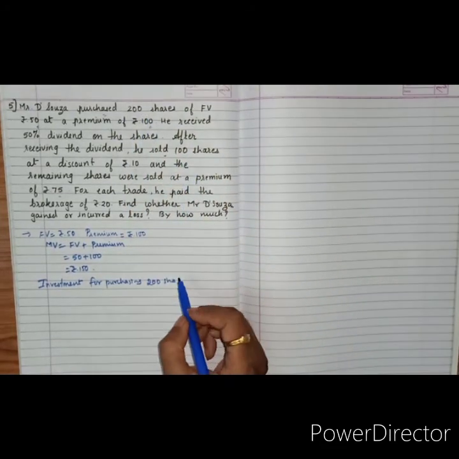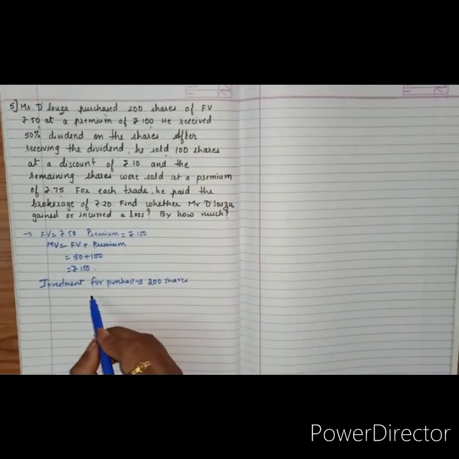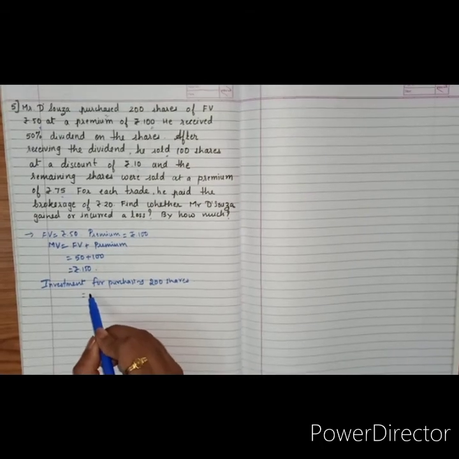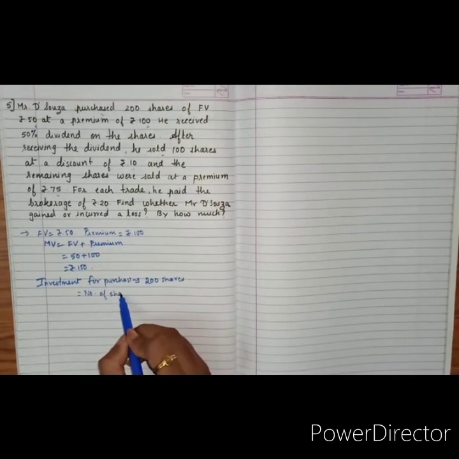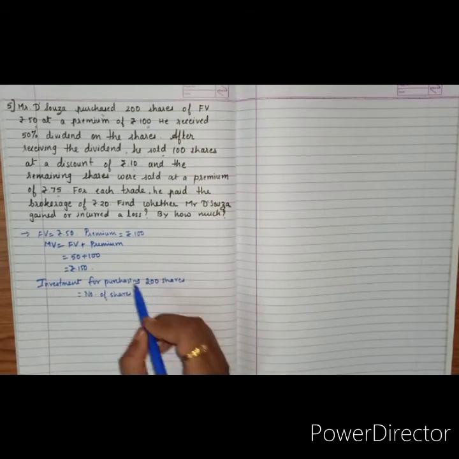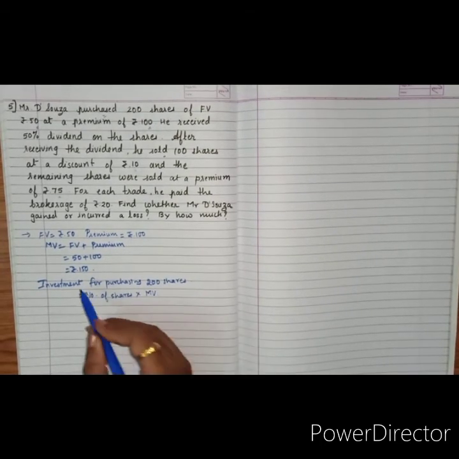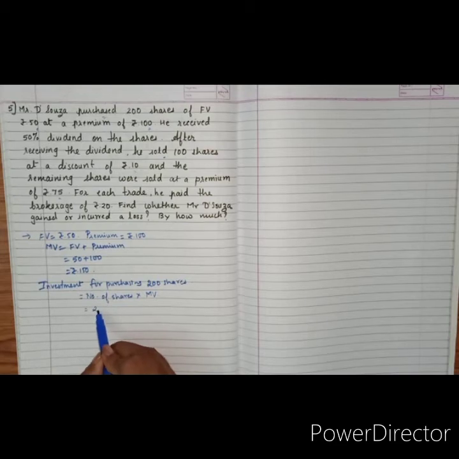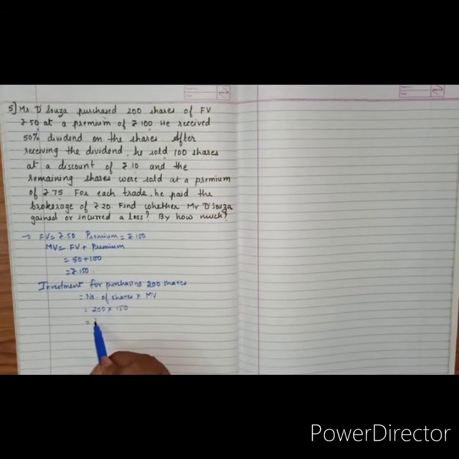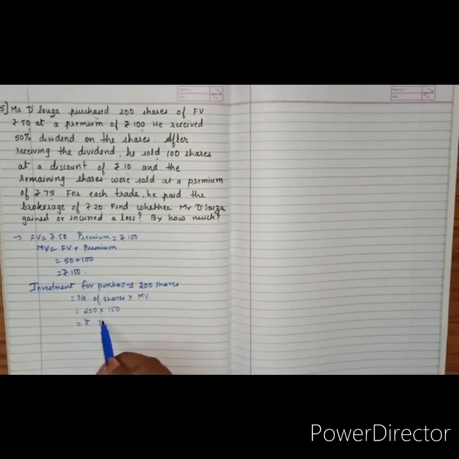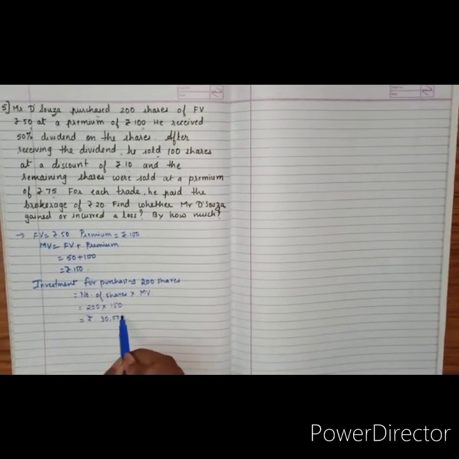It is given that he purchased 200 shares. What will that investment amount be? It will be the number of shares, that is 200, into its market value which we have just calculated. So 200 into 150 gives you the amount of rupees 30,000.